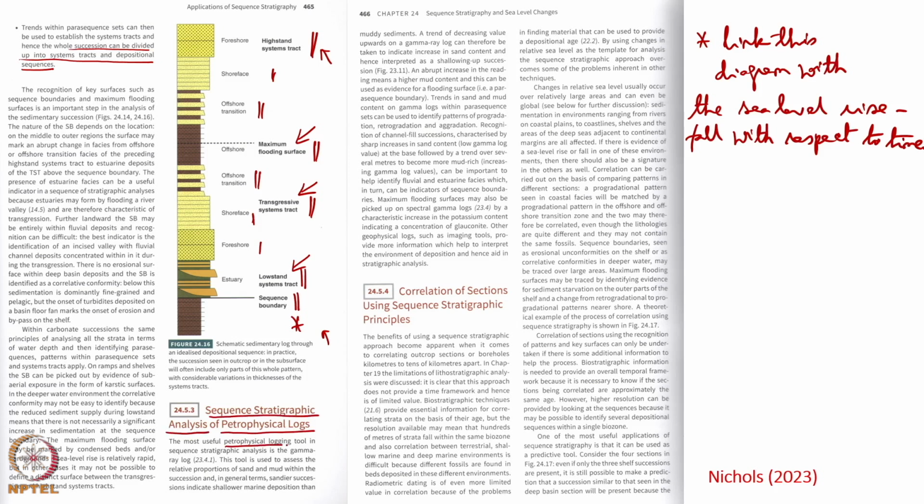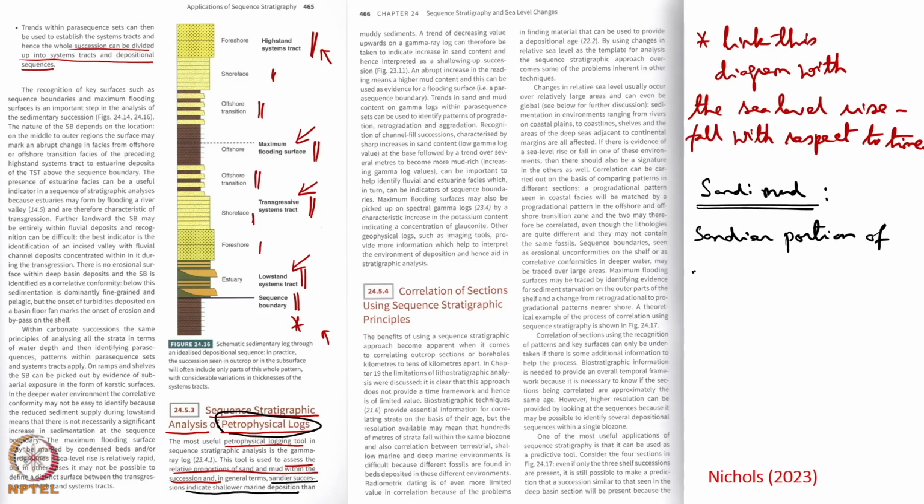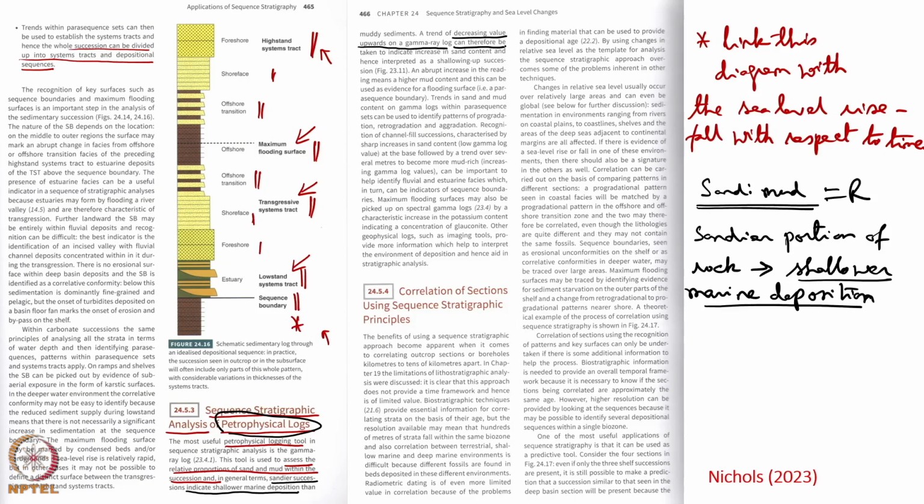Through the petrophysical logging tools, we can assess the relative proportions of sand and mud within the succession. So, the sandier portion of rock indicates shallower marine deposition; decreasing values upward on a gamma ray log can therefore be taken to indicate an increase in the sand content.